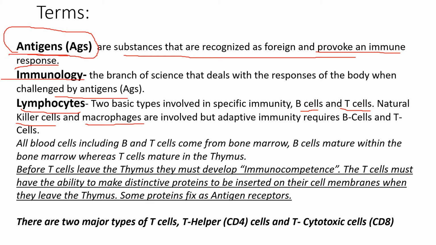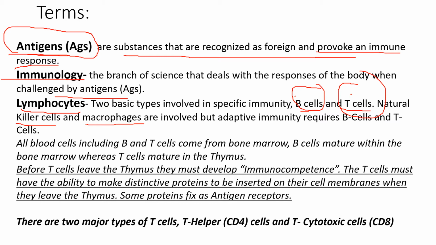There are two basic types involved in specific immunity: the B cells and the T cells. That's what makes specific or adaptive immunity different from the others, because macrophages are involved in innate immunity. We have natural killer cells that are involved in innate and adaptive. So the thing that makes this adaptive immune system different is the B cells and the T cells.